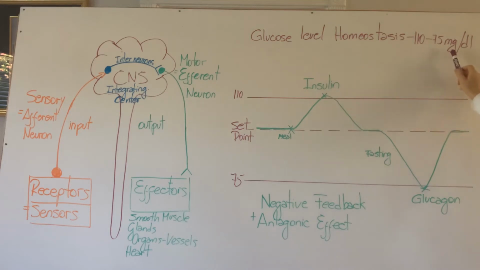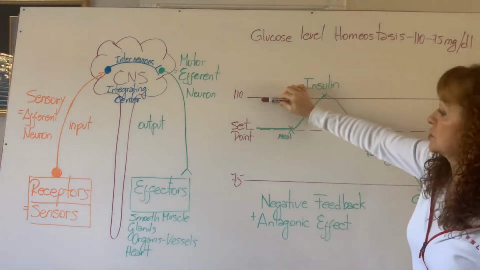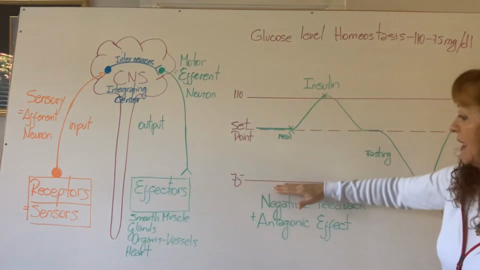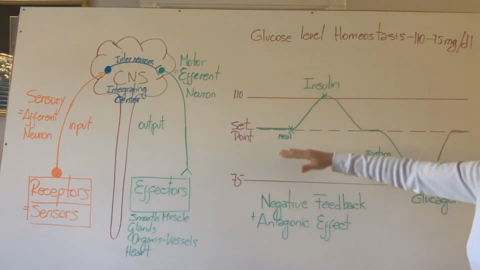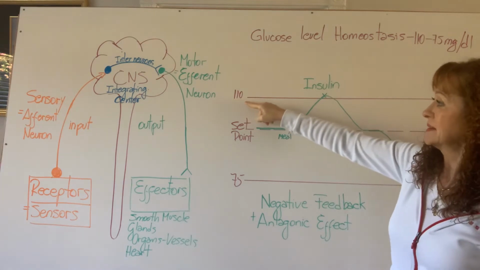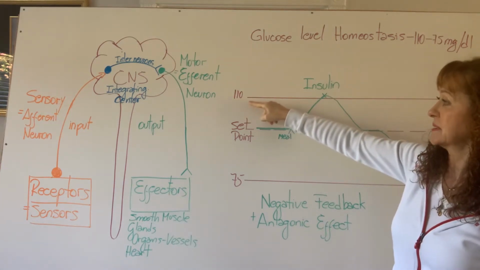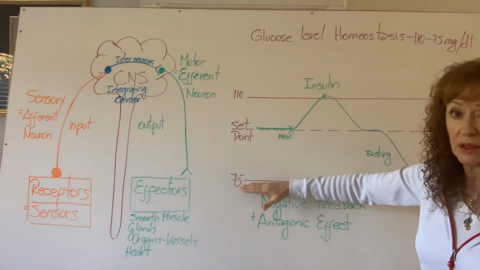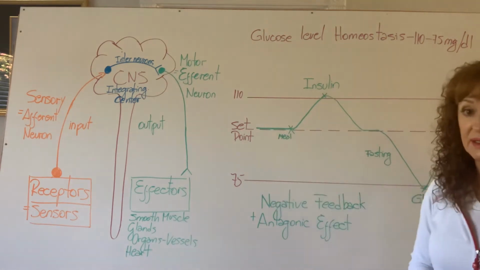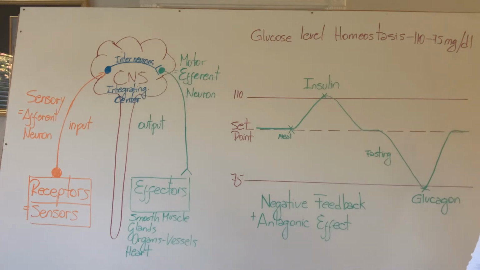Now, milligrams per deciliter is the same as milligrams per 100 milliliters. In these two plain solid lines, I show the range for glucose. That is 110 milligrams per deciliter as the maximum normal level, and the lowest normal level is considered 75 milligrams per deciliter.